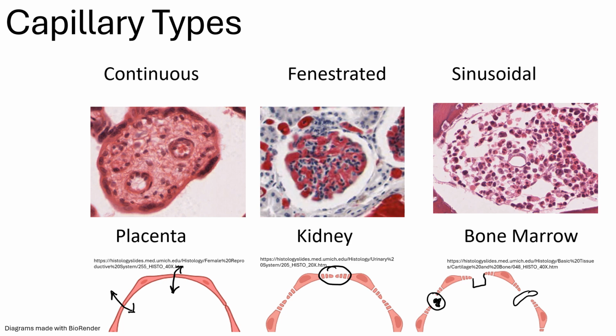So sinusoidal capillaries are really, really leaky, and cells and fluids pass through based on their gradients. This is found, as I said, in bone marrow, and this is a picture of bone marrow here. You can see some of these are developing white blood cells, and they'll be leaving into this little venule right there.